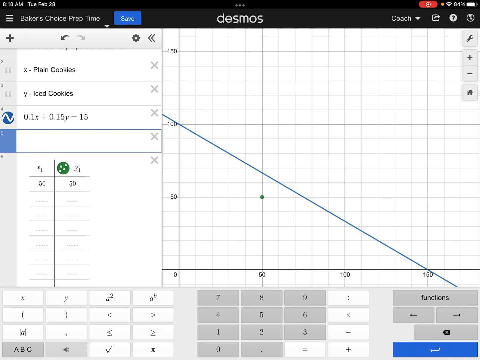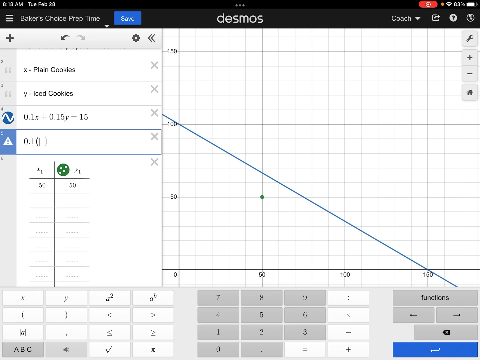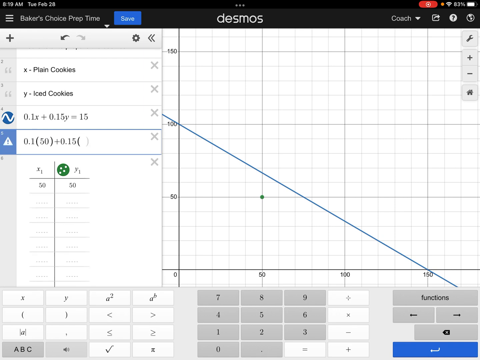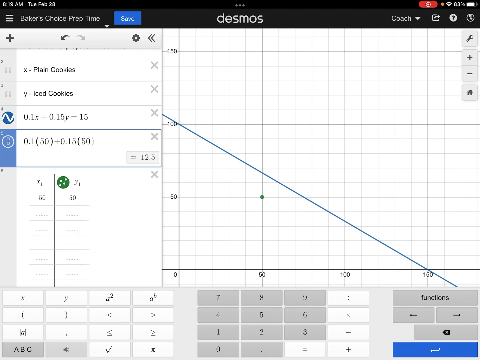I can verify that green point algebraically. This is what I did in part 2b. For the x value, I'm plugging in 50. And for the y value, 0.15, because it takes 0.15 hours for each y. I'm also plugging in 50 for each iced box.